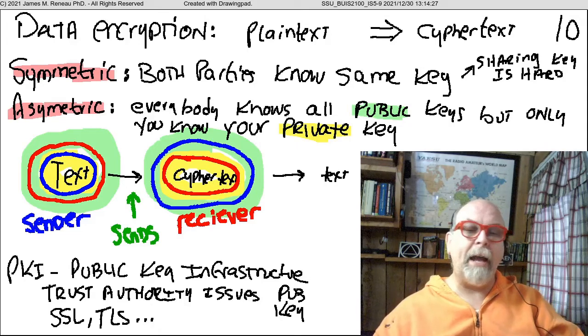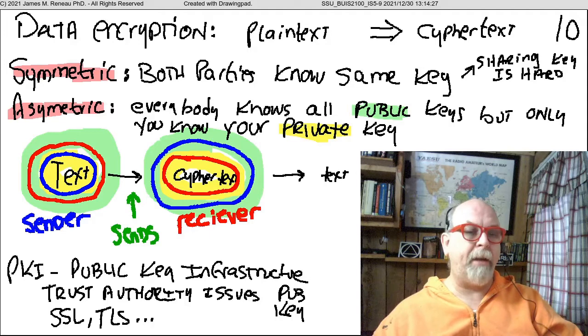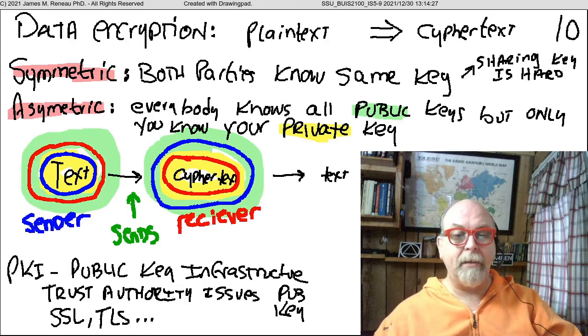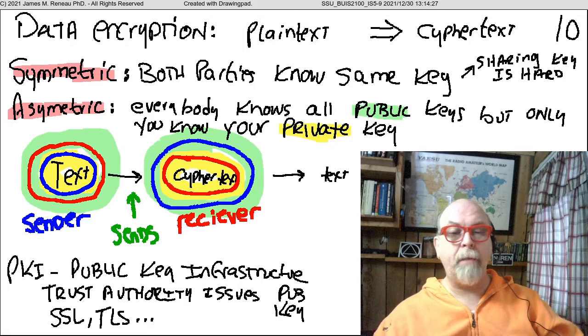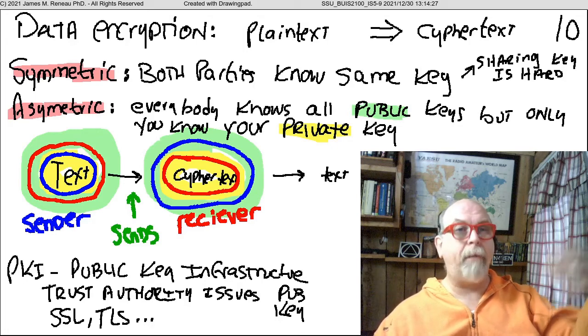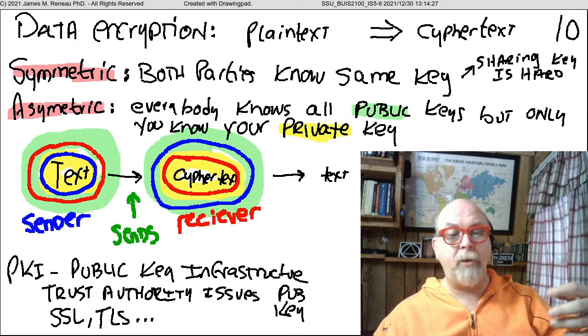There is an idea and a group of companies out there that do PKI, or public key infrastructure. Basically, it's a trust authority that issues these key sets, public keys and private keys. When you use HTTPS, the secure socket layer of HTTP, it uses this type of encryption to encrypt the network packets going from your web browser to the server, and from the server back to your web browser.